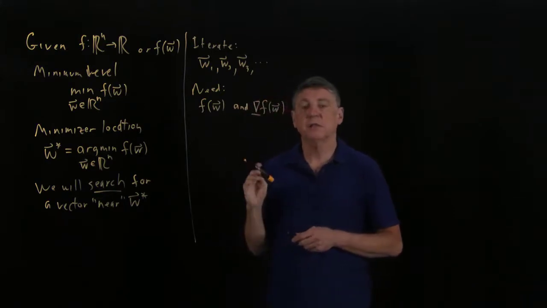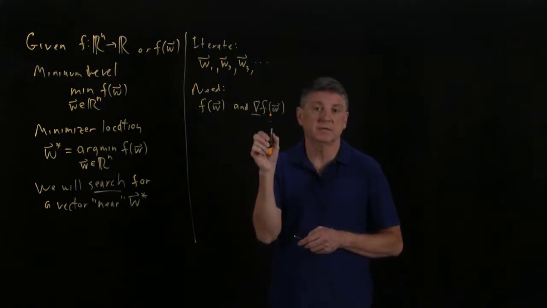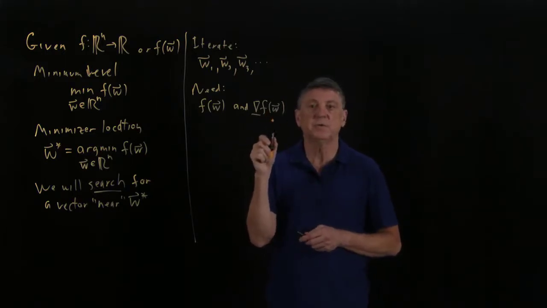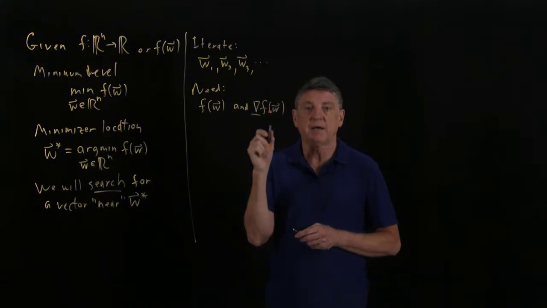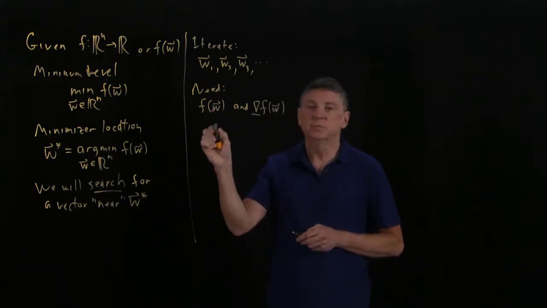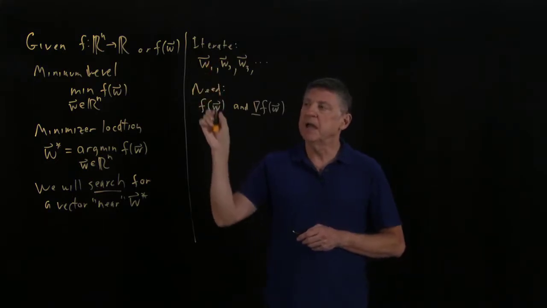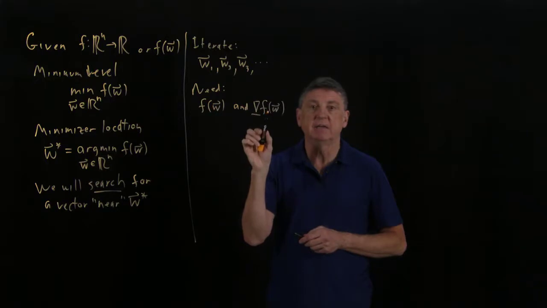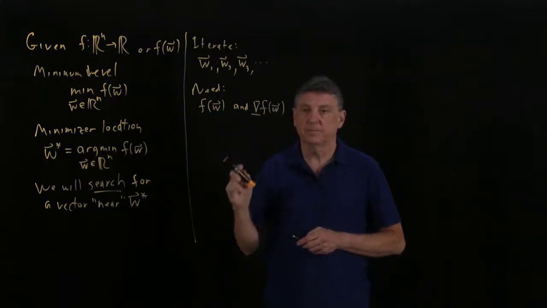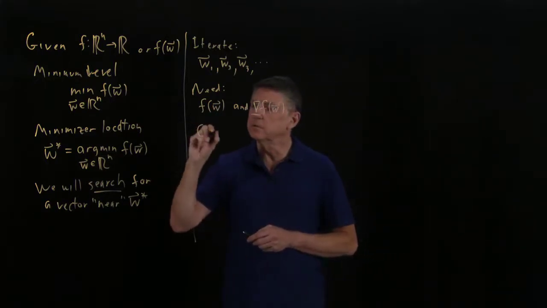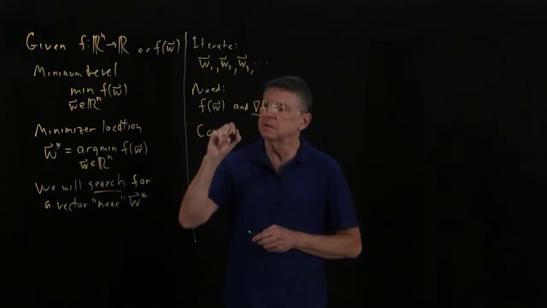Now, there are some classes of problems where the gradient is unavailable, or the gradient has to be numerically estimated by the routine that we're trying to write. Here we're going to assume that the user can provide us with these three things: a first estimate, a function, and the gradient. And then we'll consider convergence.